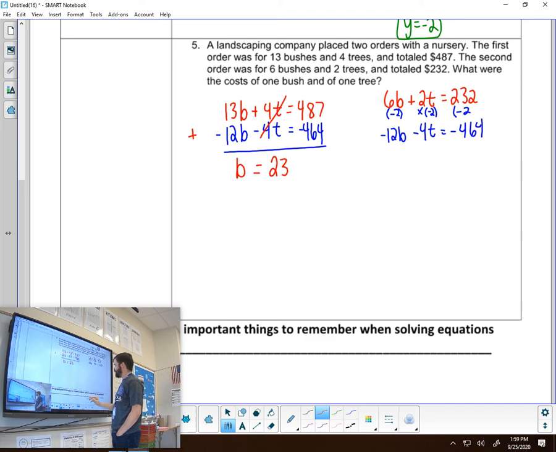So let's plug in that 23 in for this. So let's go 6 times 23 plus 2 times t equals 232. All right, 6 times 23. Let's see here. That's going to be 138.